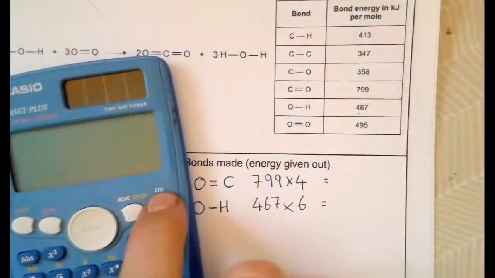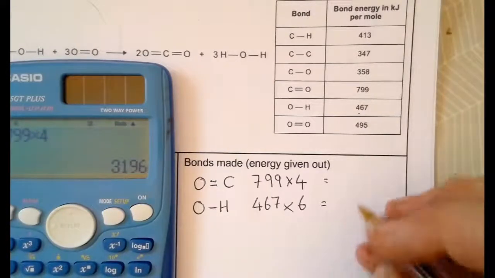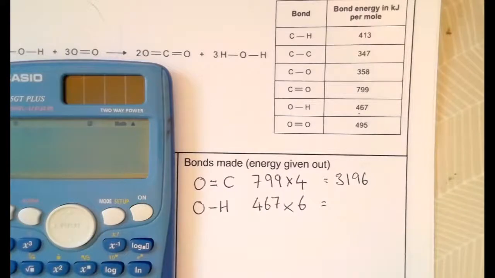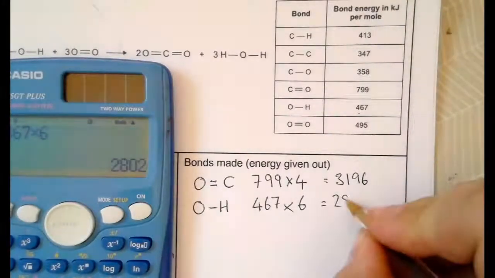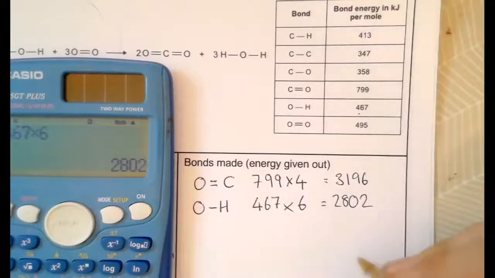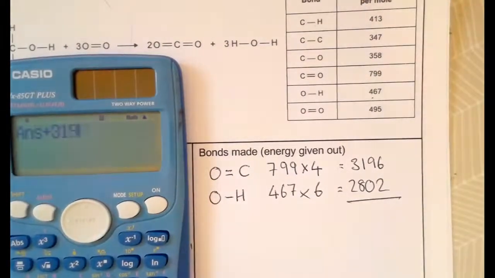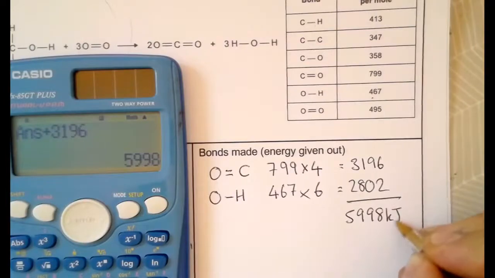Calculators out again. 799 times 4 gives me 3196. 467 times 6 gives me 2802, and then we add those two together, which gives us 5998 kilojoules per mole.